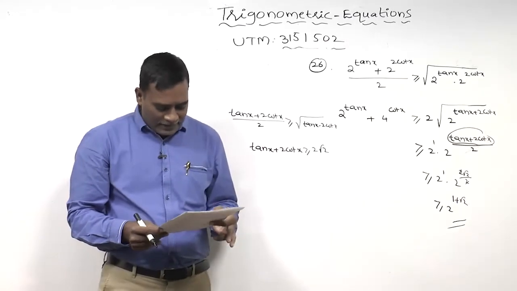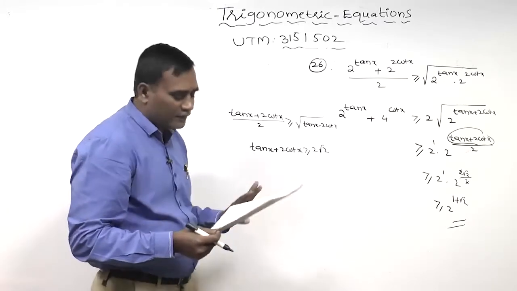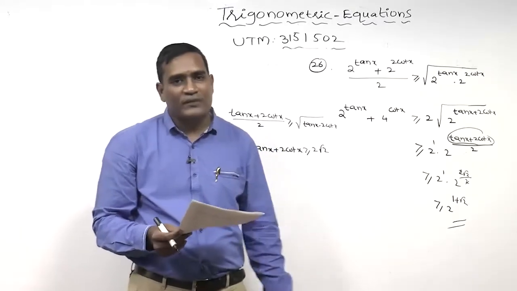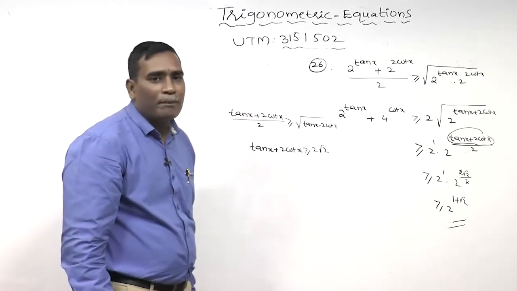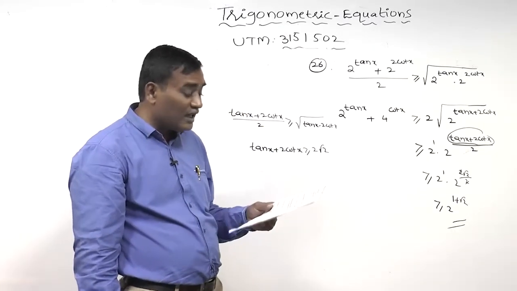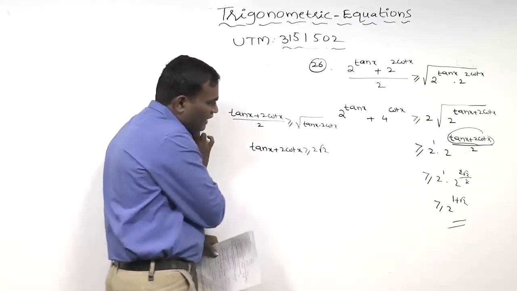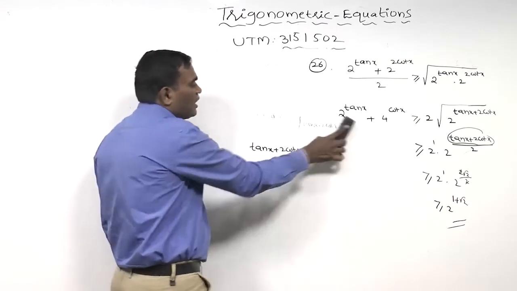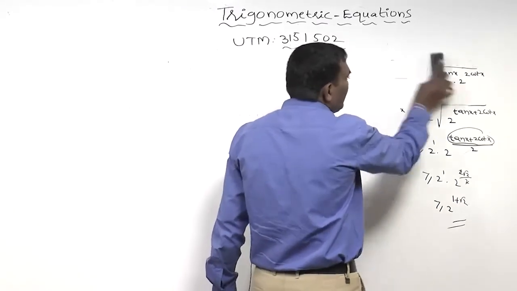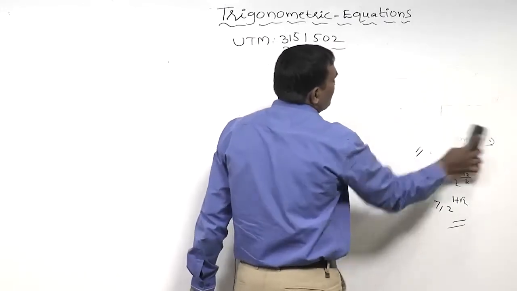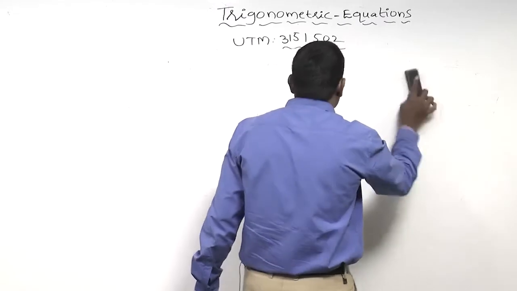The 27th question is an easy question. Without solving, we can say the answer. What is that? The general solution of tan power 4 theta plus cot power 4 theta is equal to 0. Power 4 is always positive, meaning tan power 4 theta is positive and cot power 4 theta is positive.